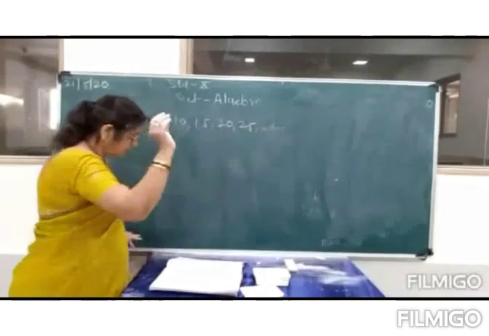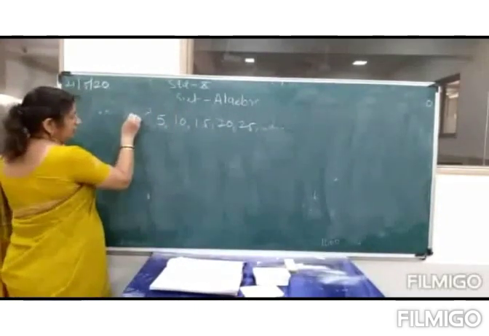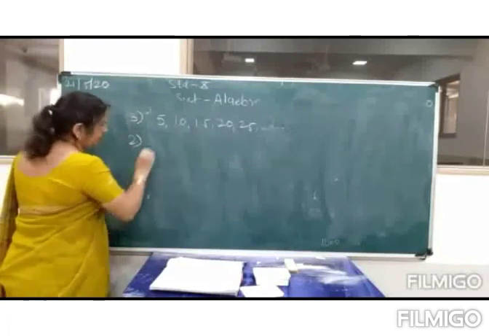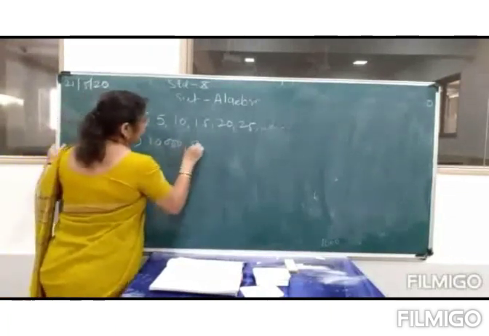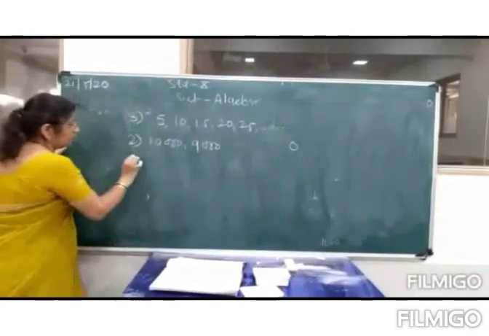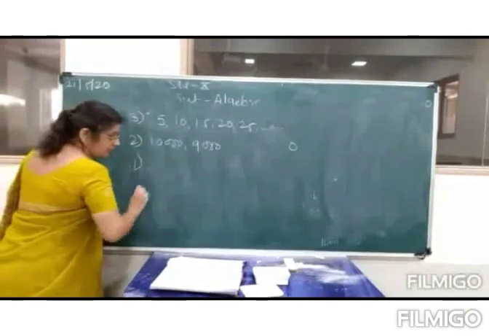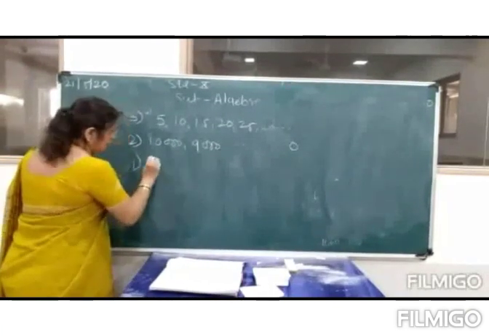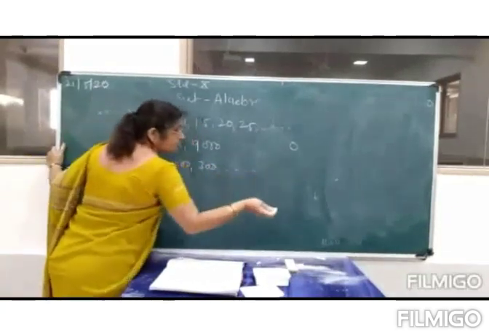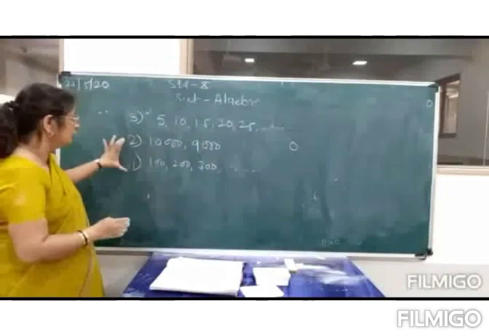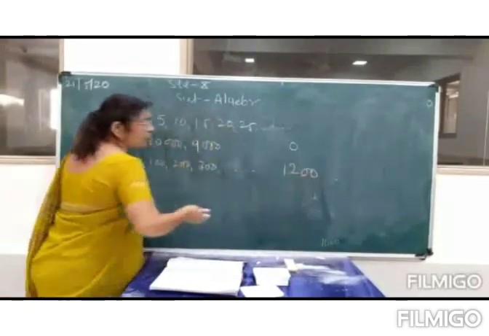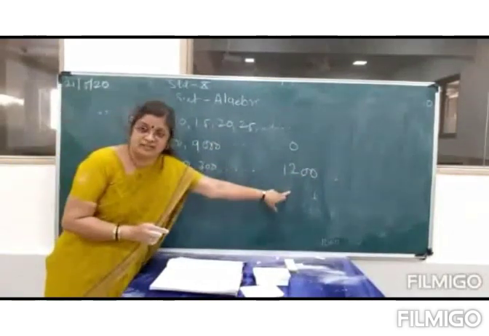I am just writing the answers of the first and second example again. Now this is the third example. Second, what we have seen is 10,000, then 9,000, like that we have written and at the end we came to 0. Then in the first example we saw 100, 200, 300 and the 12 months are fixed, means the terms are fixed. So in the first 2 examples, the last I got is 1,200 because 1 year is mentioned.